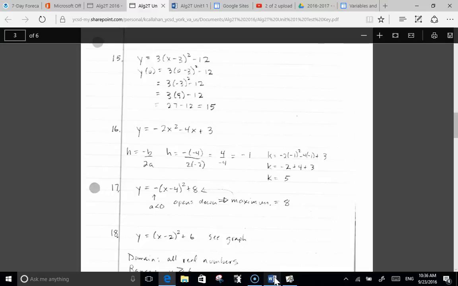And by doing that, we understood that the constant term would be the y-intercept. By far, most people chose to do that, not substitute 0, but actually work through the whole FOIL, distribute, combine like terms. And if you got it right, that's fine. But if you didn't, you're really not using the way that you should have in your head. How do you find a y-intercept? Substitute x equals 0.